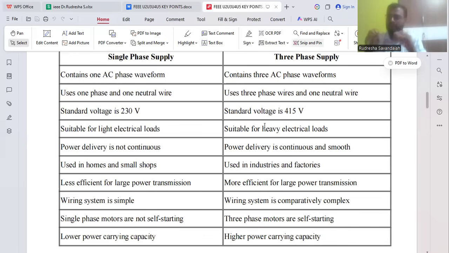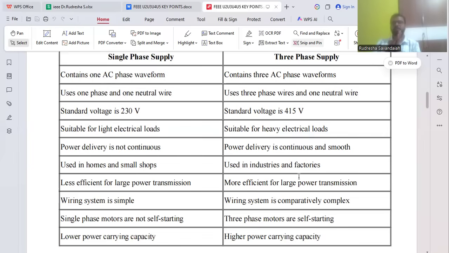In single phase, you always use it for small domestic applications at home, but three phase is used in industries and factories.